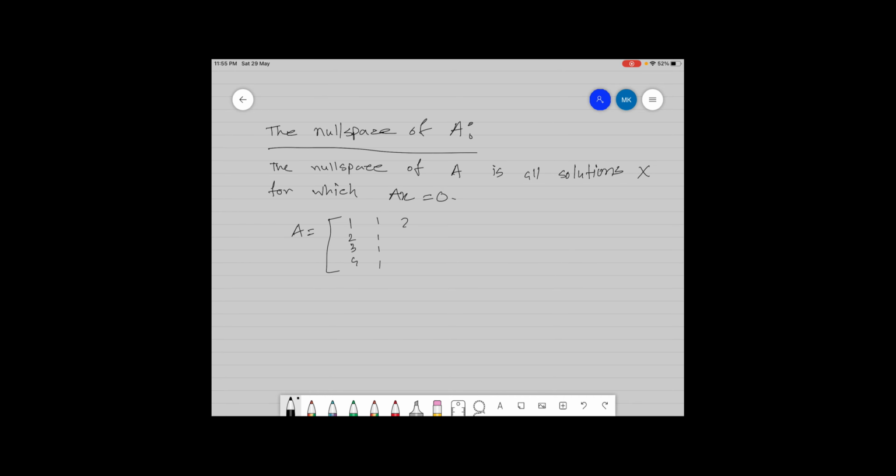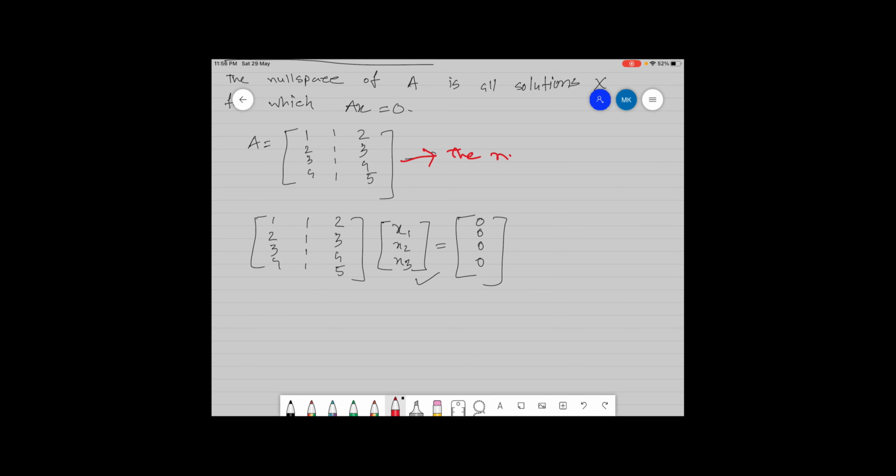The null space for this matrix here is a subspace of R3. Why is that? Because as you can see, the solution here will have 3 elements, and that contributes to the 3 dimensions of R3.